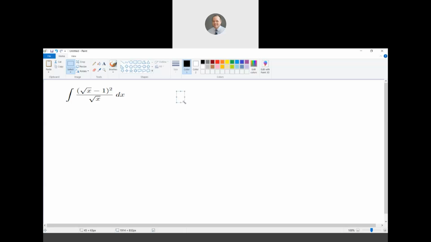So we'll let u equal, and I'm changing the square root of x to x to the 1/2 power, minus 1. Let's take the derivative of both sides. So we have du equal to 1/2, and I'm just using the power rule here by subtracting 1 from the original exponent.